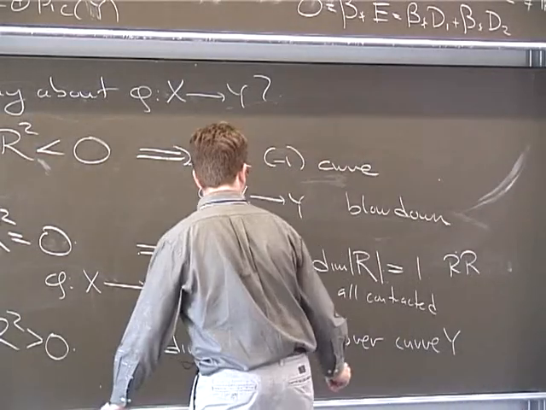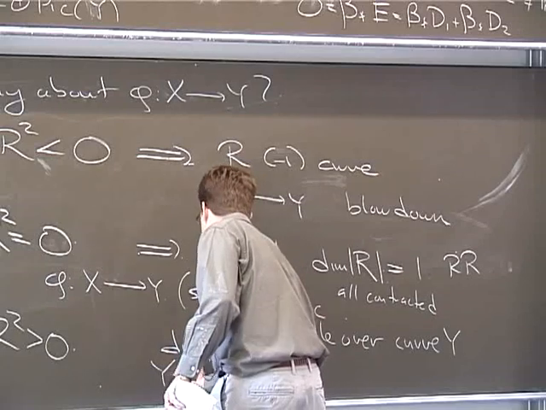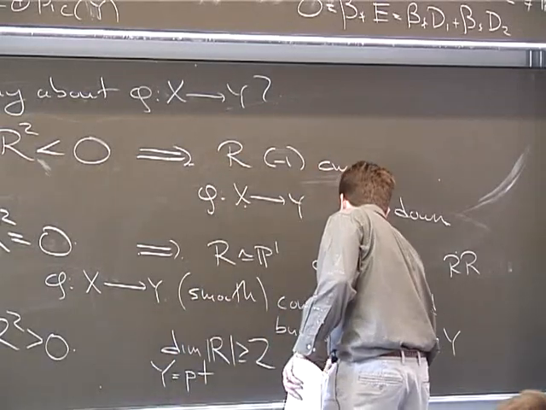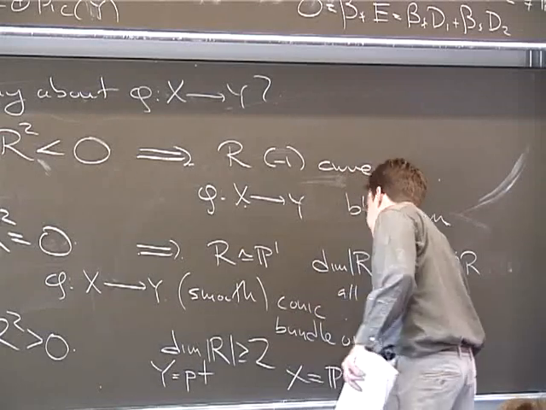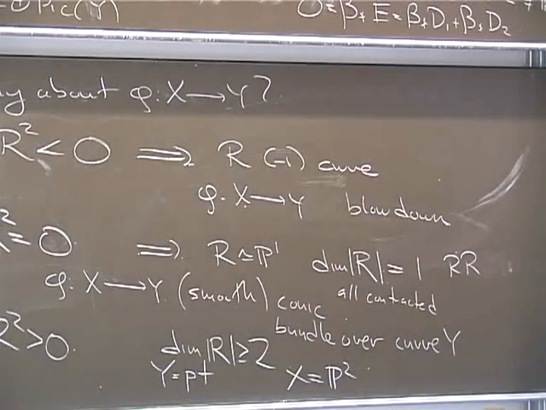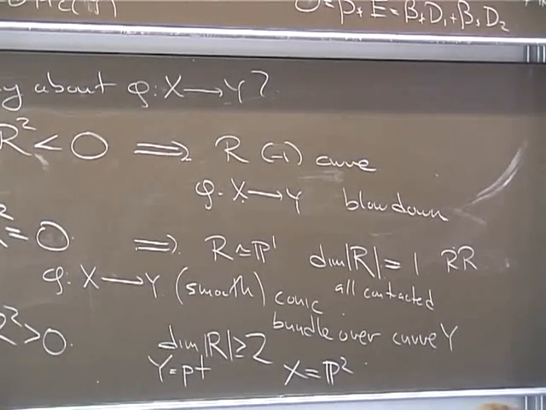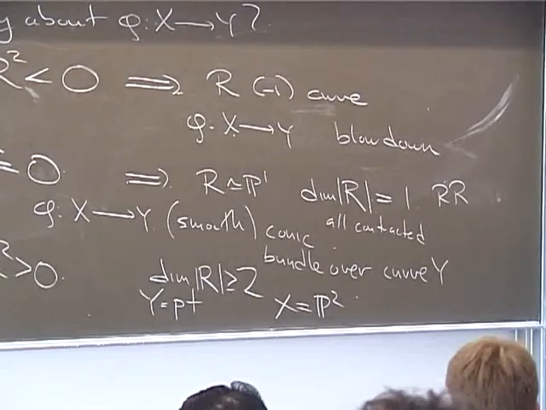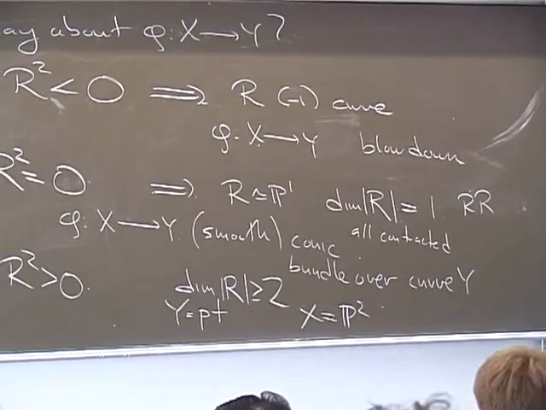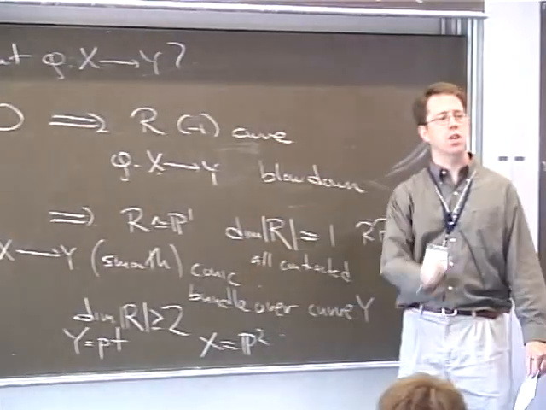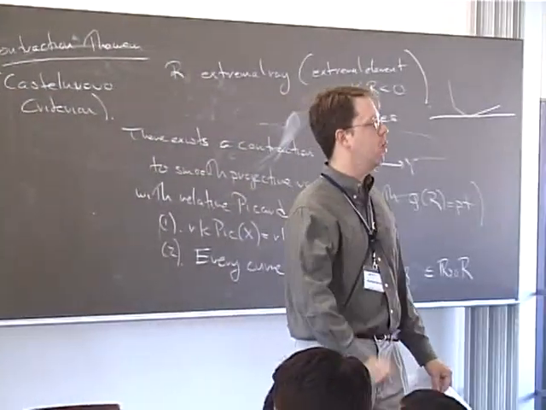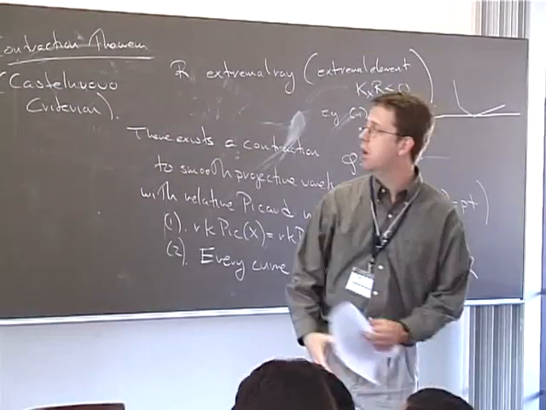And so here, we actually get that Y is equal to a point, and X is equal to P2. So this is the general structure for the contractions. And so you should really see this as the fundamental result, not the Castelnuovo criterion. This is going to behave much better when we pass to non-closed fields.